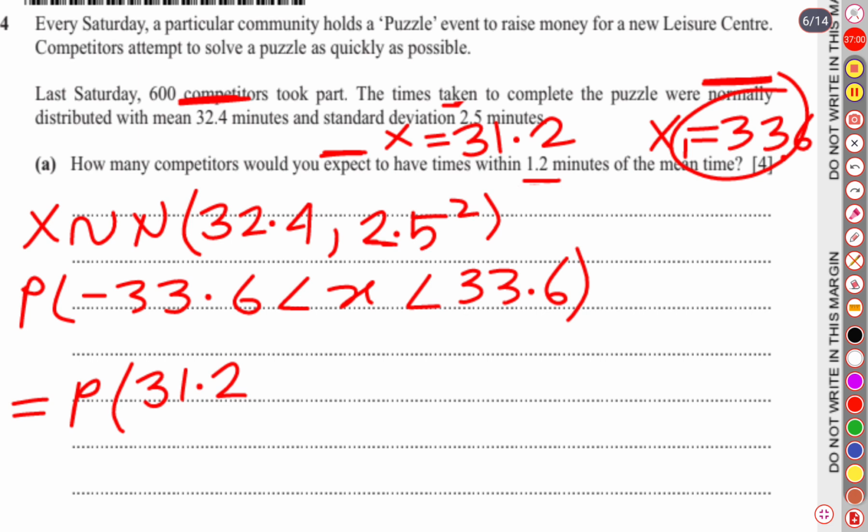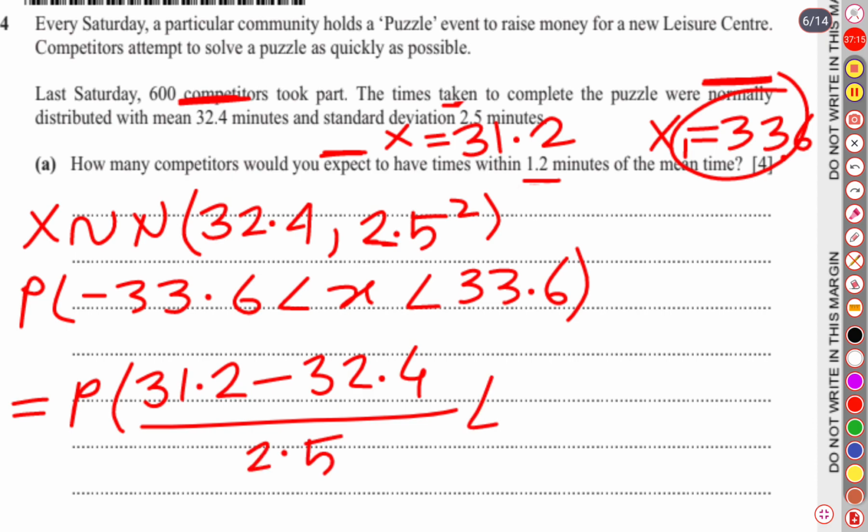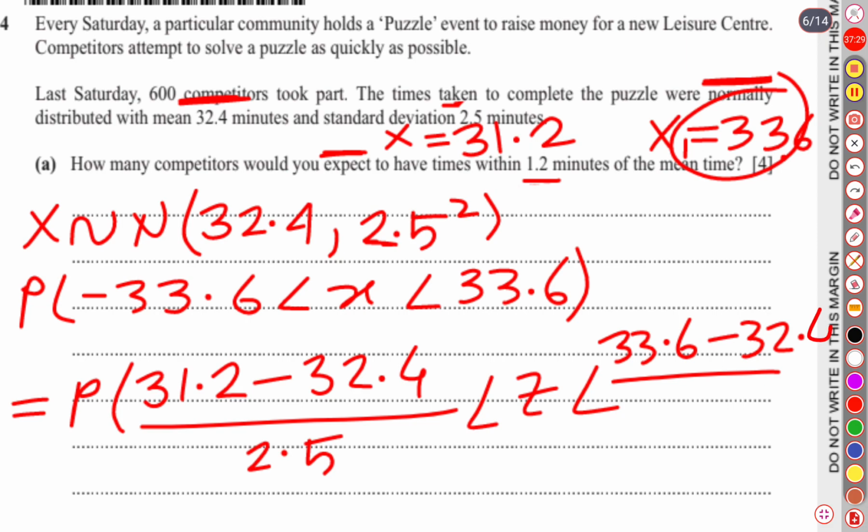So 31.2 minus our mean value, which is 32.4, over our standard deviation, which is 2.5, less than z. We are standardizing the score. So 33.6 minus our mean value 32.4, over standard deviation 2.5.